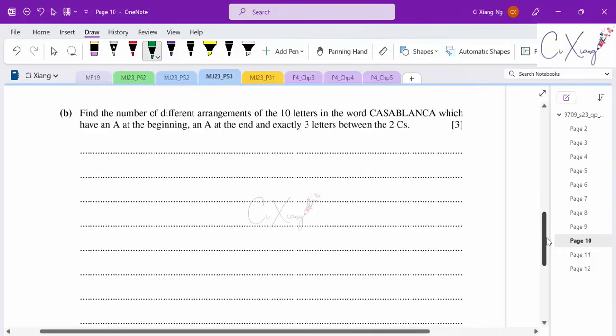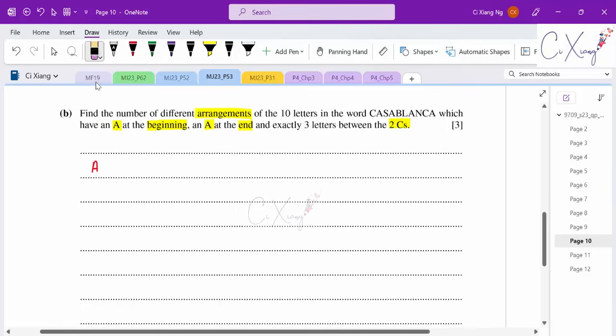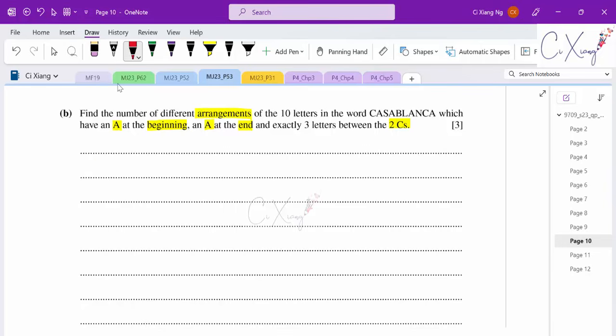For part B, again, highlight the keyword arrangement. Now they are saying we have A at the beginning, A at the end, and exactly 3 letters between the 2 Cs. For me, it is easier to draw a table. Maybe I have something like this.